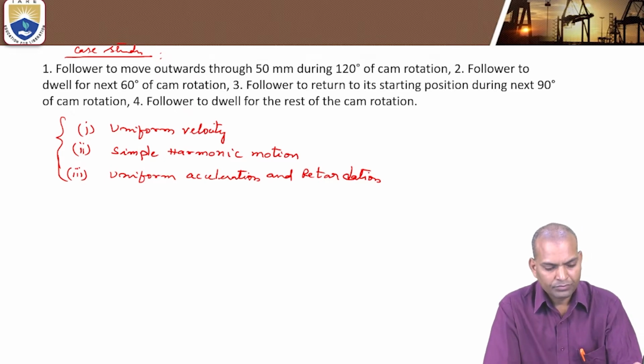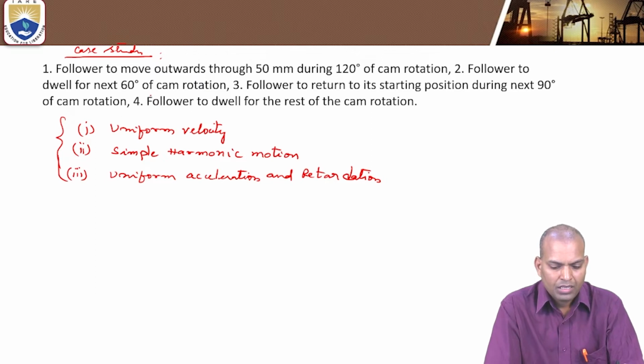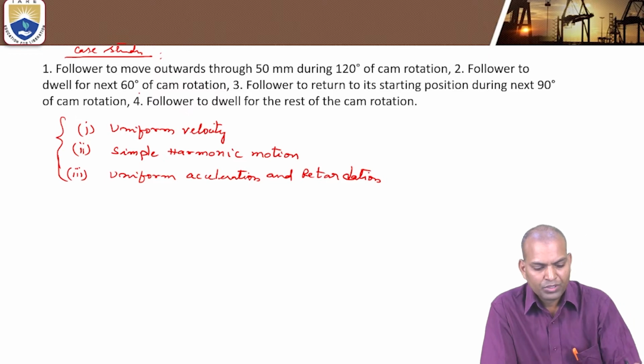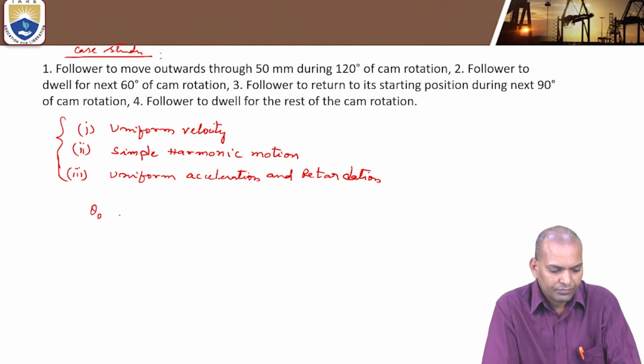Now here, the follower moves outwards through 50 millimeters during 120 degrees of cam rotation. That is 120 degrees of cam rotation, that is outstroke angle. The outstroke, that is theta O, equal to 120 degrees.